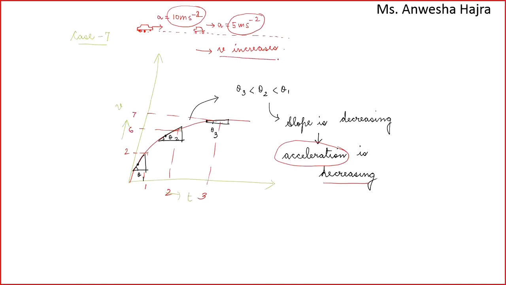It implies velocity increases, but less. It was increasing more in the beginning with a high acceleration. Now you have reduced your acceleration. So your car is increasing the velocity, but with a lesser pace. It is increasing less.